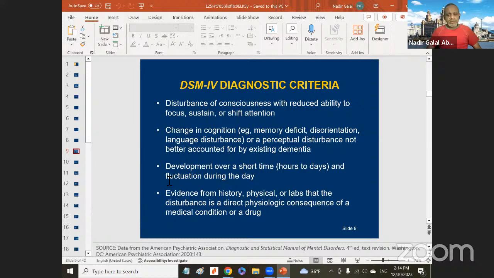So you want to take a very good history. Exam is very important, and with both of them, physical exam and history, you can pinpoint what's going on. Labs and other imaging might help you and confirm the diagnosis if there is an underlying condition that you can figure out.